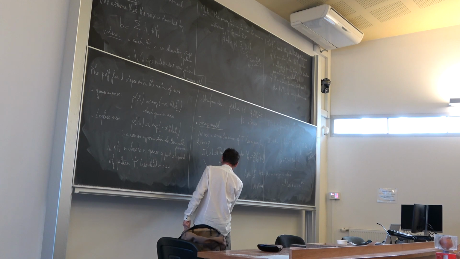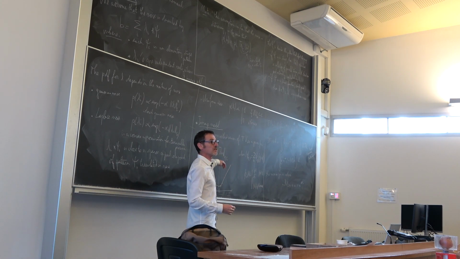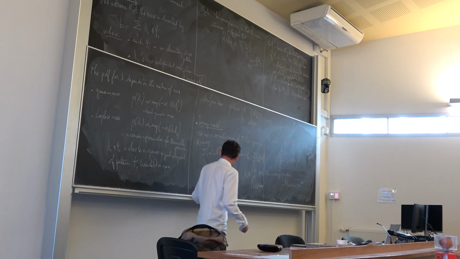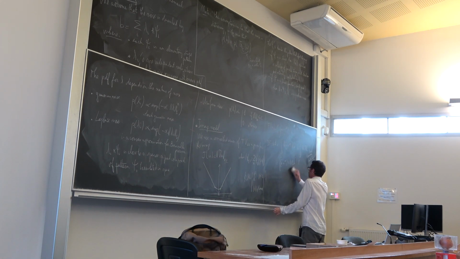So you change the vertical origin, but it is a smooth version of the absolute value, and this will allow us to bypass the staircase effect. If you smooth a little bit, you have less staircase effect. Also it will be easier for the minimization.